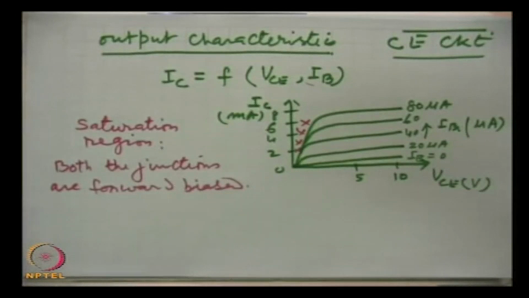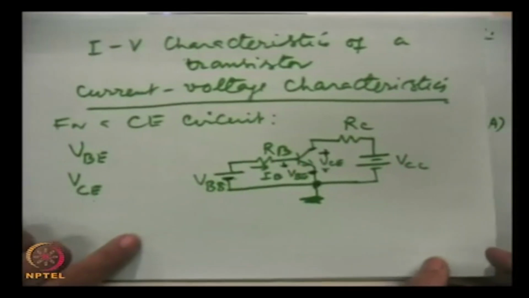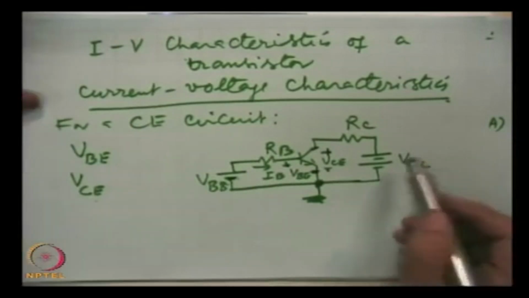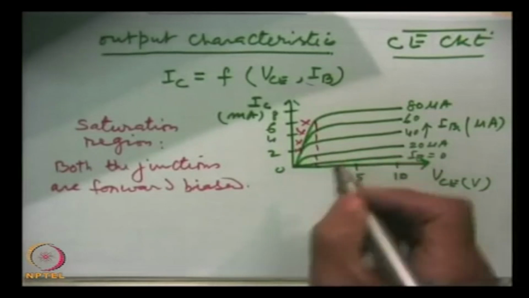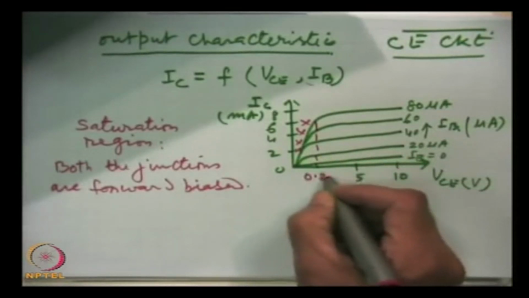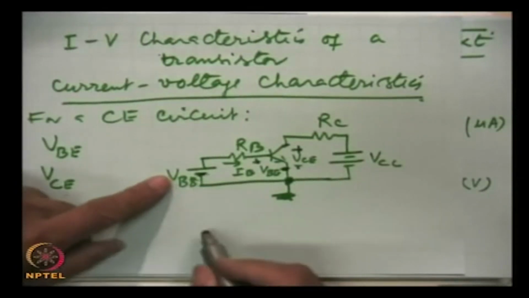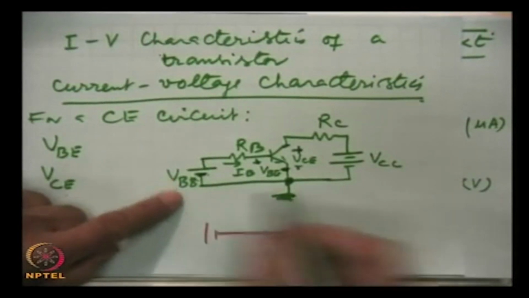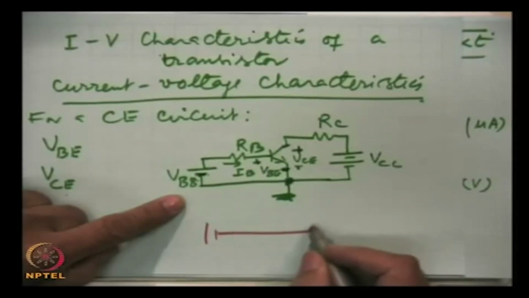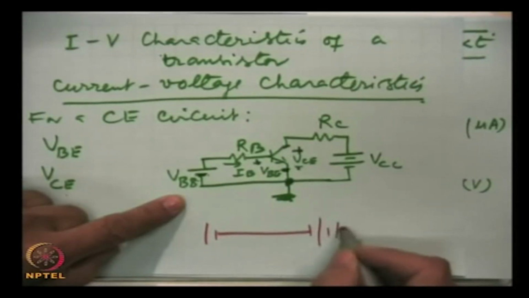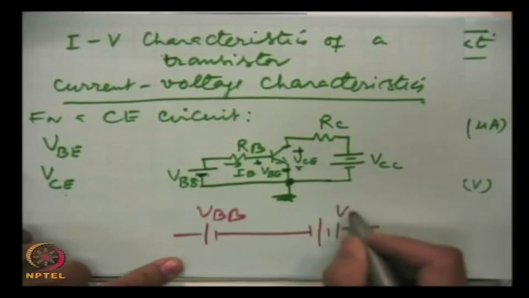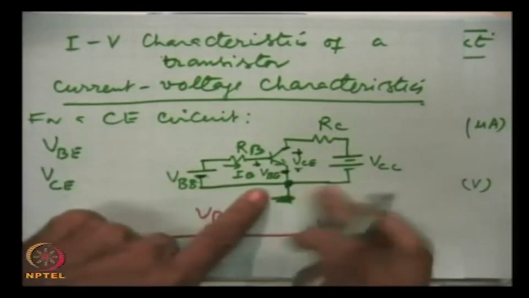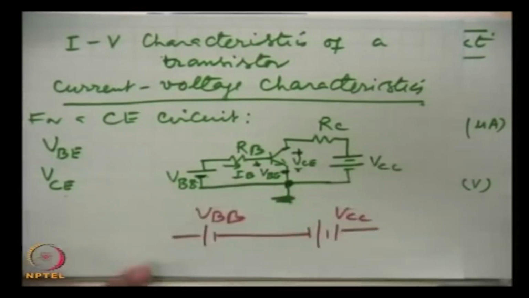Look here, when this VCC is very small, and actually for a silicon transistor this is just 0.2 volts. So, when these are the 2 batteries, this is VBB, this is VCC, I have put them just in one line, they are in series.